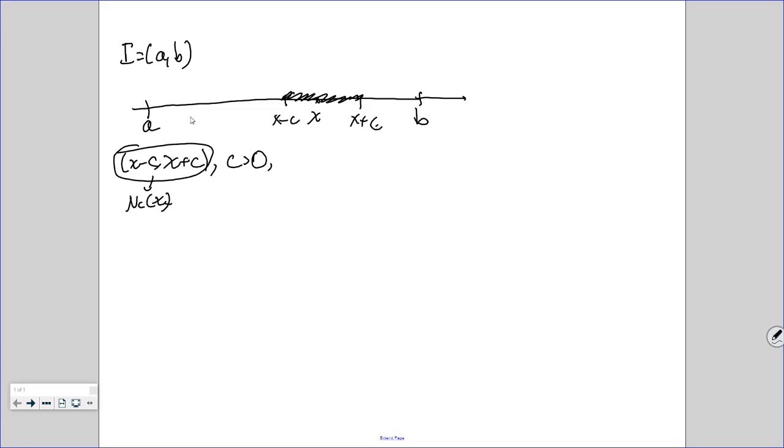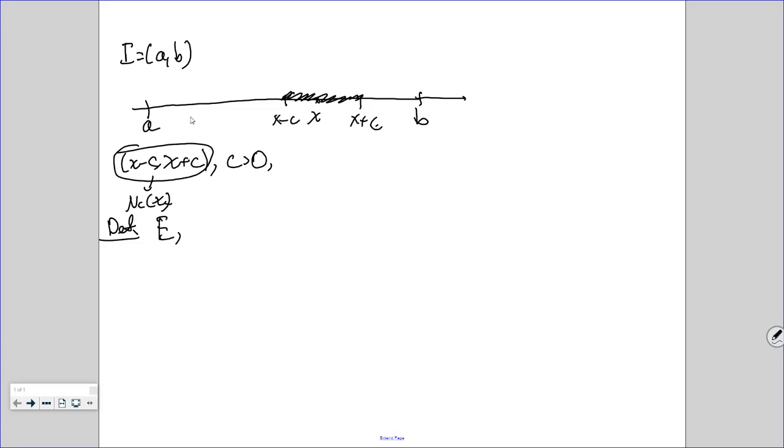Thus, each point in the interval AB possesses a neighborhood, and many of them, inside the set. Let's define one of the important points that we use in our analysis.